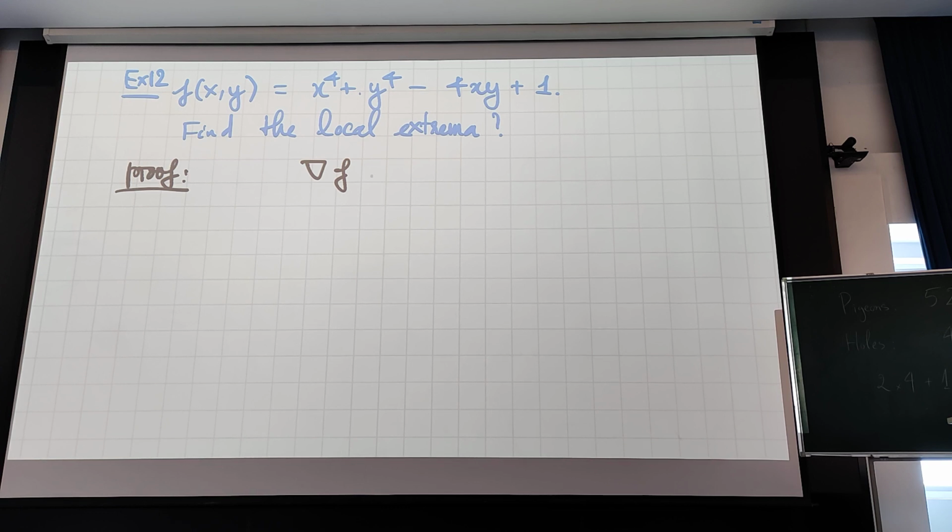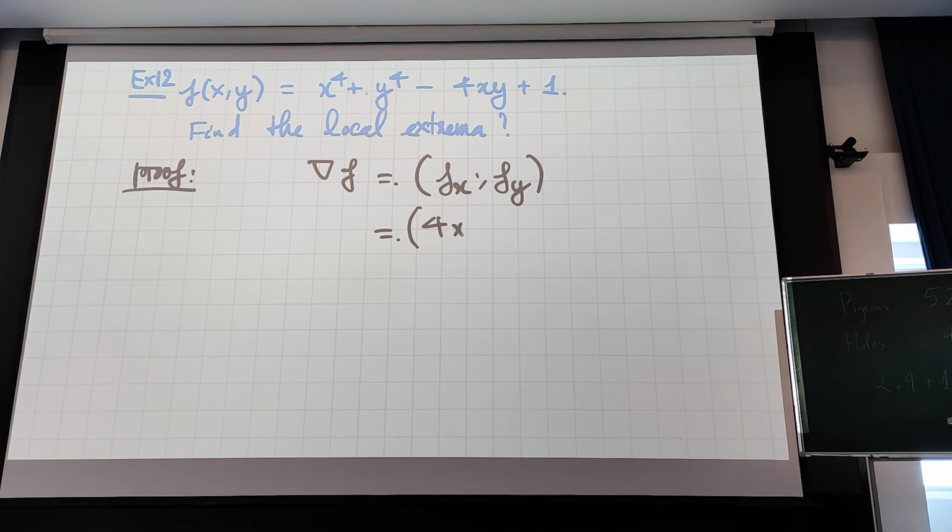You can easily see that it is a vector of two components corresponding to fx and fy. So fx, the partial derivative with respect to x, is 4x cubed minus 4y, right? And fy is 4y cubed minus 4x.